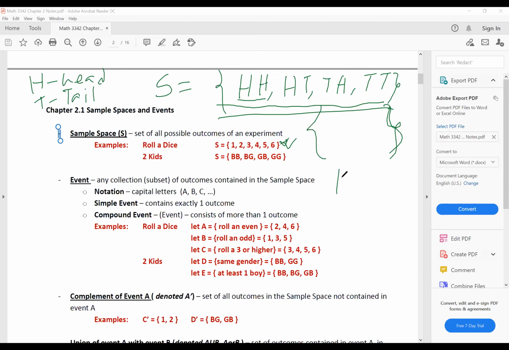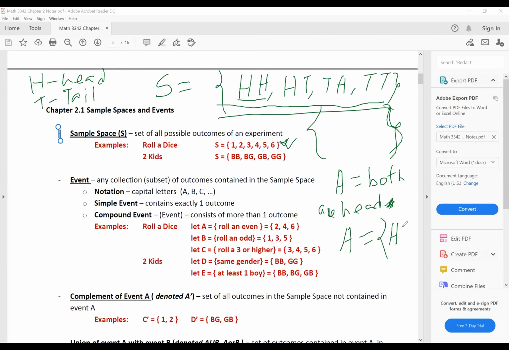So for example, if an event A is both are heads. In our experiment, if we want to know the outcomes where both are heads, then this is called an event. And how many outcomes will we have in this case?